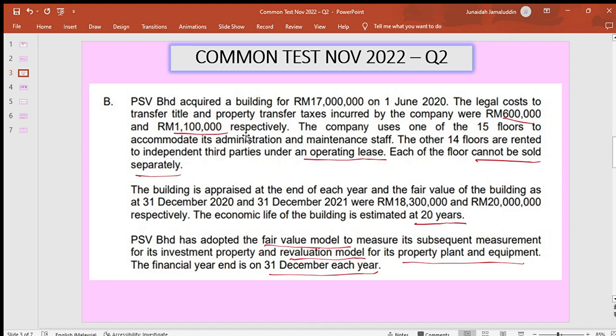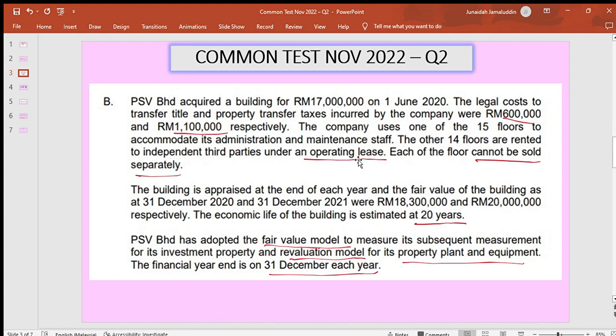It is accommodated by the administration and maintenance staff. Okay, alright. So that means salah satu daripada 15 tingkat bangunan ni is employee occupied. Employee ataupun owner occupied lah. While the remaining 14 floors are rented out under operating lease.